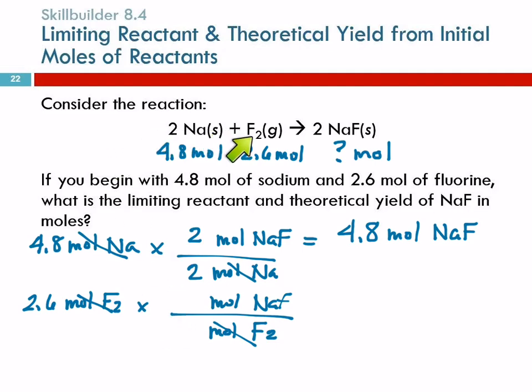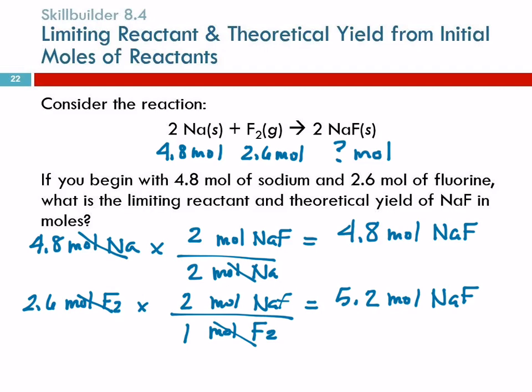In front of F2, there's no number. That's an implied 1. In front of NaF, there's still a 2. So 2.6 times 2 is, I believe, 5.2. 5.2 moles. So if we had enough sodium and used up all the fluorine, we could make 5.2 moles of product.